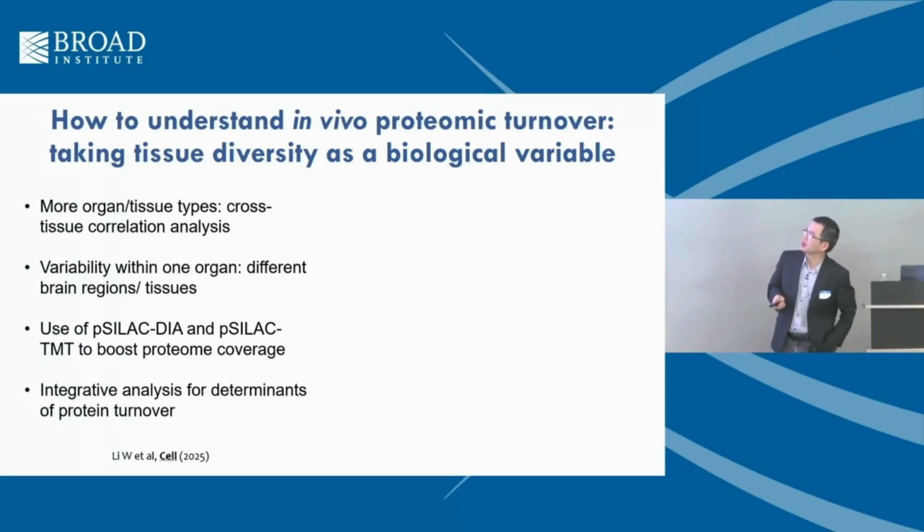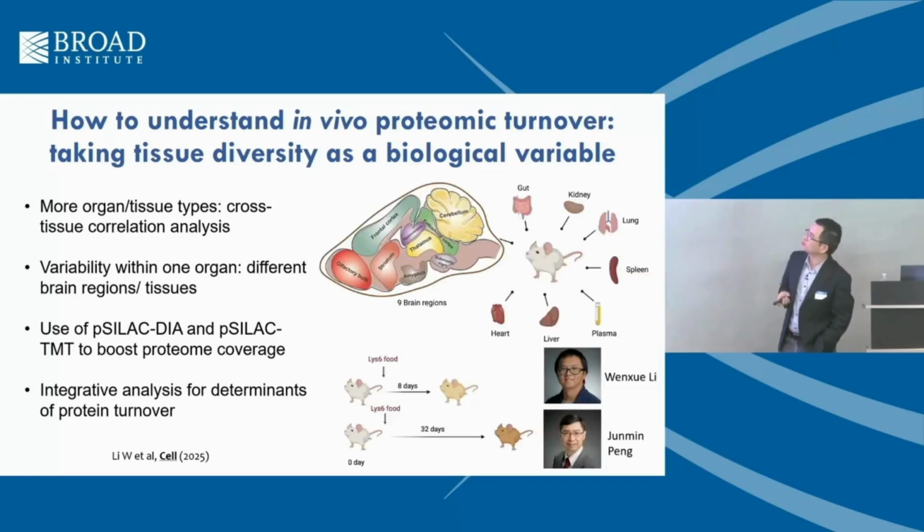In previous studies, certain papers have already been published to look at the protein turnover rate in multiple organs or tissues, but not in a lot of organs. So we hope to understand better by looking into more organs.